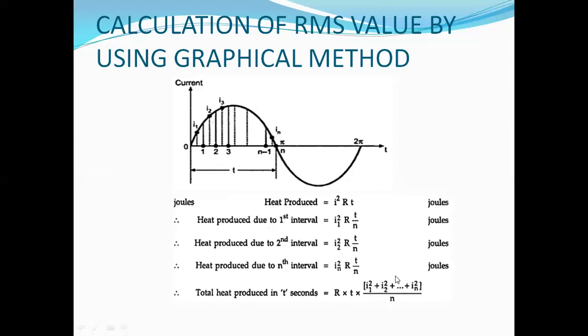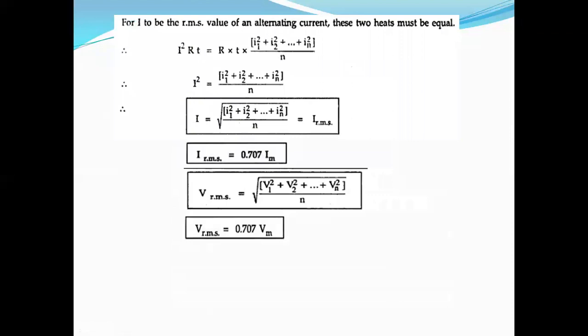Now the same amount of heat is produced when an RMS AC current flows through the resistance. To be the RMS value of an alternating current, these two heats must be equal.